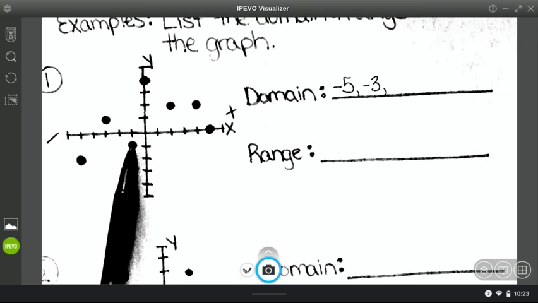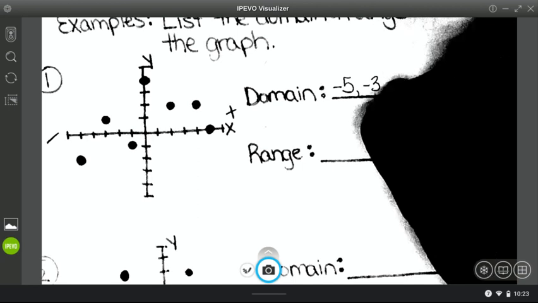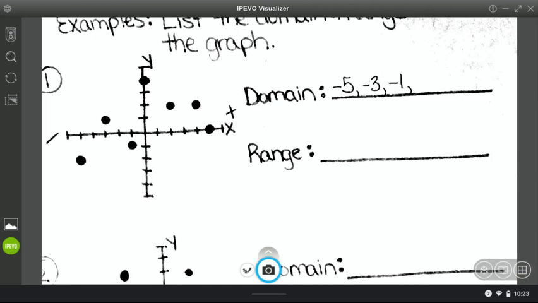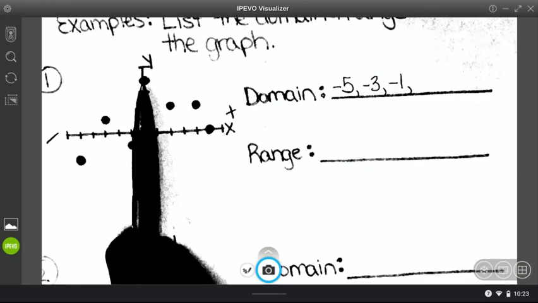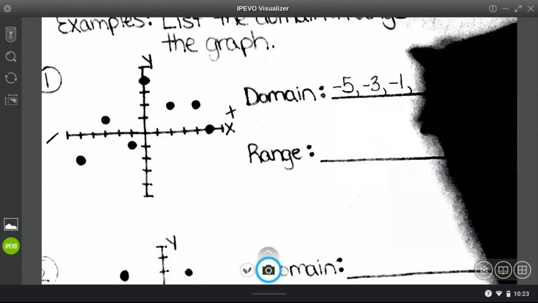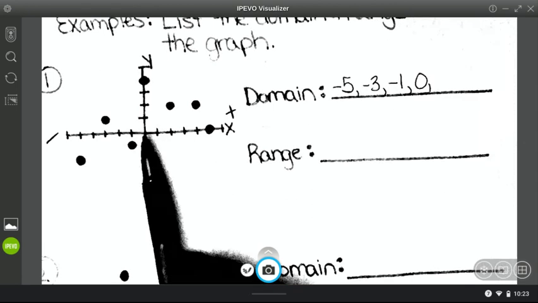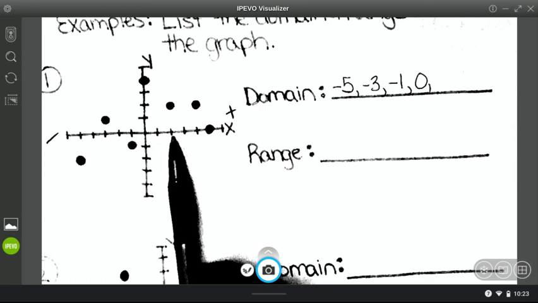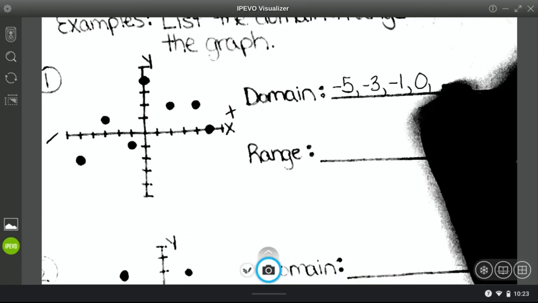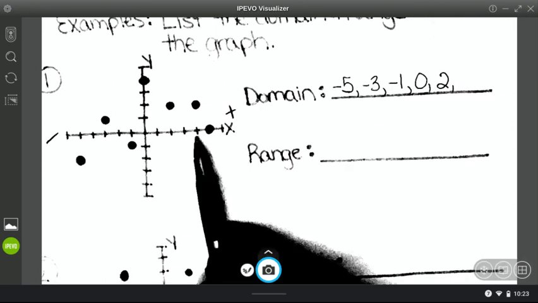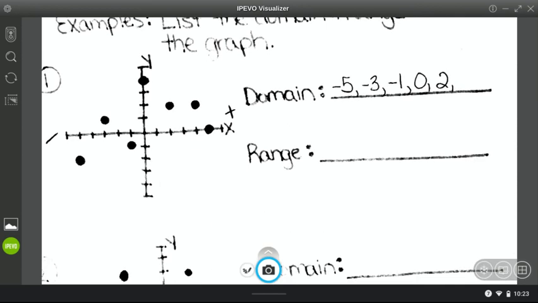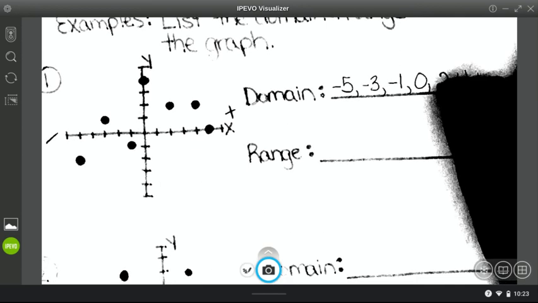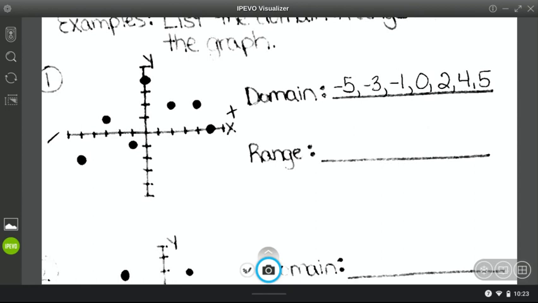And then this one, what's the x coordinate? -1. Now what's this x coordinate? 0. All right, then we don't have one at 1. Do we have a point at 2? 2. And then we didn't have one at 3, but we have one at 4 and one at 5. Very good.